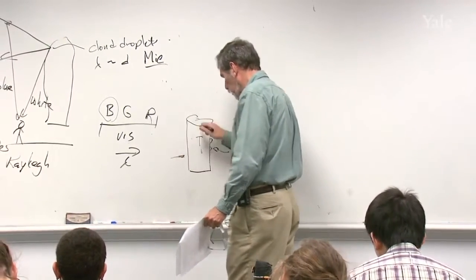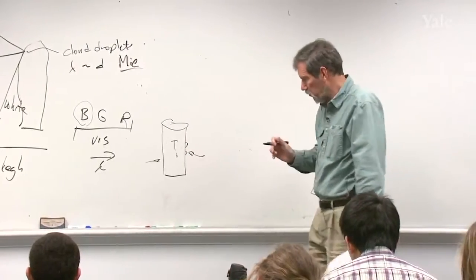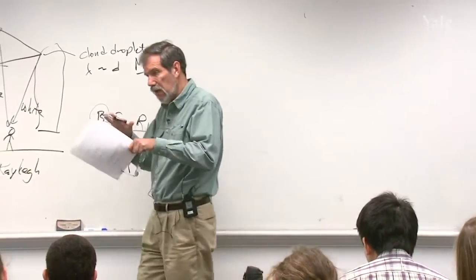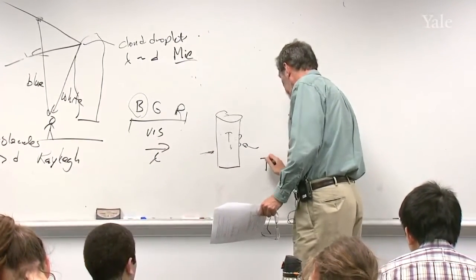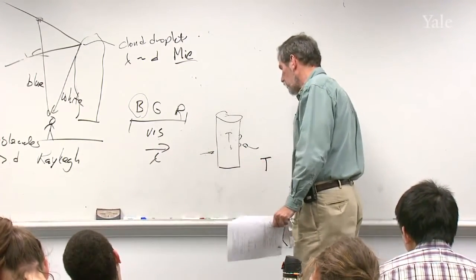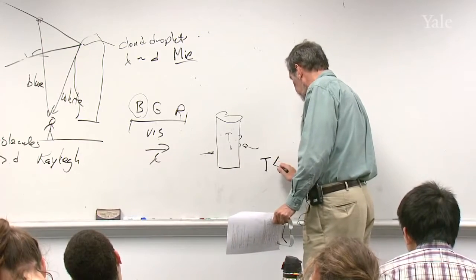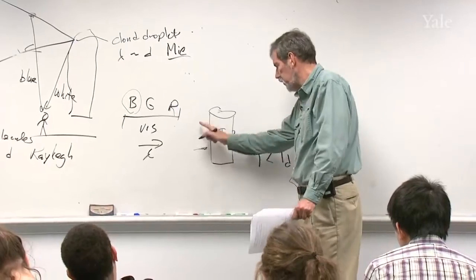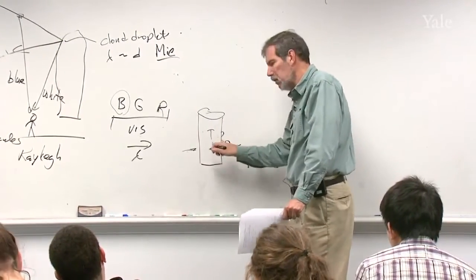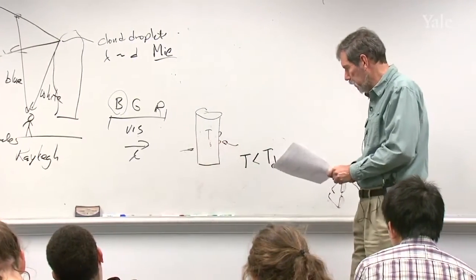The only role of the water in the glass is to control the temperature of the outer surface of the glass. And the key condition is that the temperature of that glass, if it's less than the dew point of the atmosphere around it, then you will get condensation.